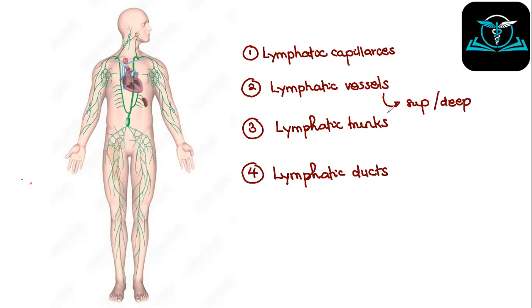So the 4 levels are: the lymphatic capillaries, which dump their lymph into the lymphatic vessels, superficial and deep. The superficial will dump their contents into the deep vessels, and later all these end up in the lymphatic trunks, and finally in the lymphatic ducts.